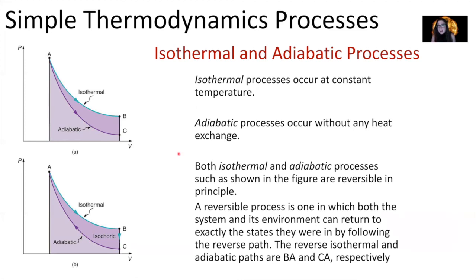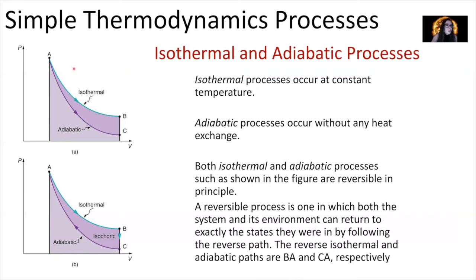In an adiabatic process, you can have a change in temperature, but there's no heat exchange between outside and inside the system. When you have an adiabatic process where there's no heat exchange, so Q remains constant, then you can change temperature by changing the pressure and volume of the system, but again, there's no heat exchange.